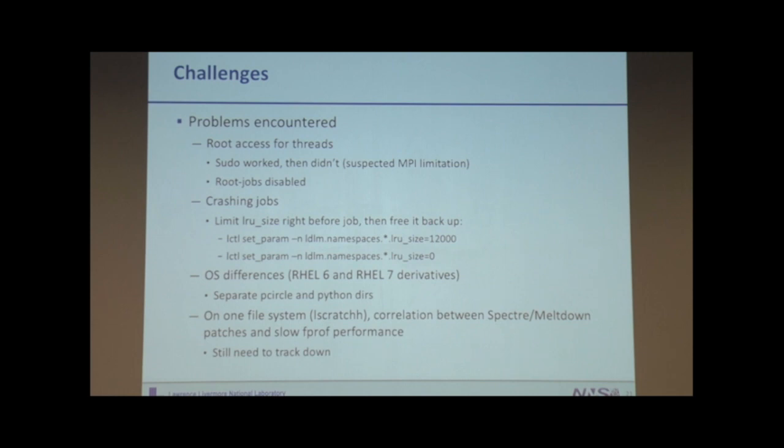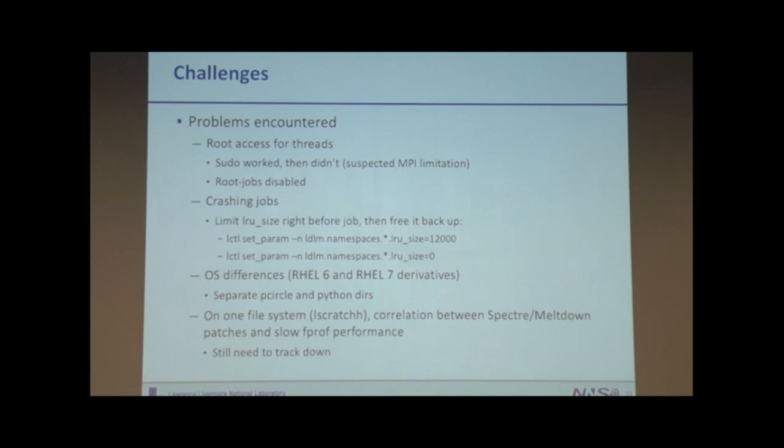You can be fairly generous, like 12,000 here, and that will help avoid the crashes. We have RHEL 6 and RHEL 7 derivatives on clients and servers, and so had to build two different versions of Fprof, but again, not a big deal.